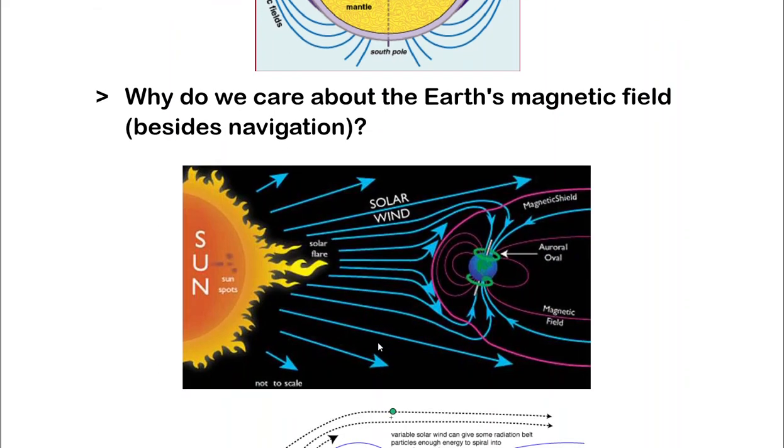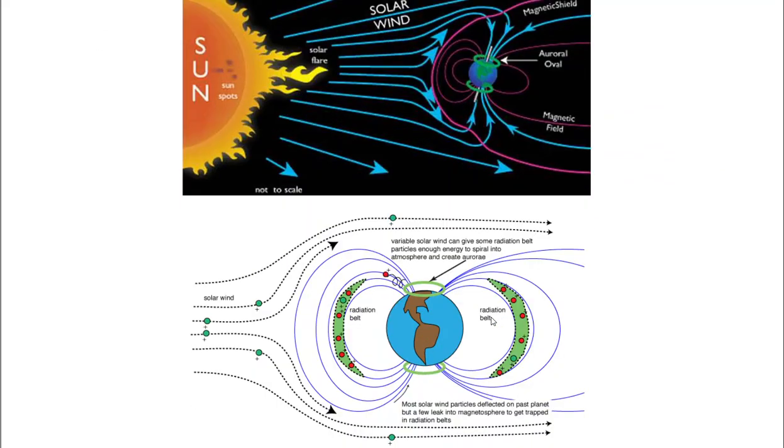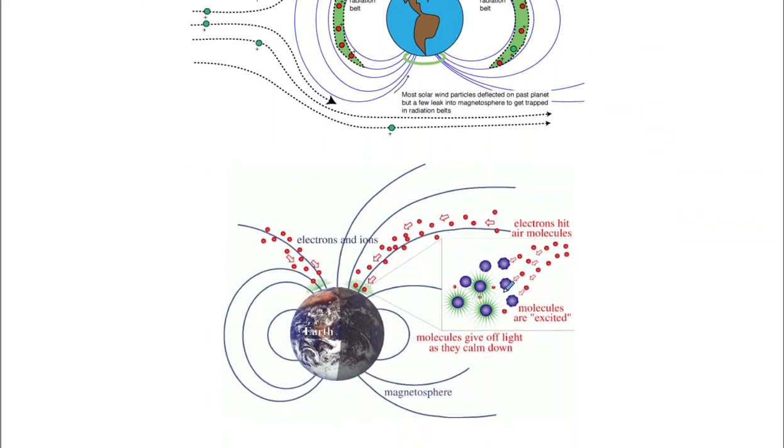We said before that this saves us from the sun. As electromagnetic radiation and high energy particles come from the sun, they interact with our magnetic field and are driven away. Some of them are driven down to the poles, where they interact with the atoms in our atmosphere, which causes them to give off electromagnetic radiation that we see as light.